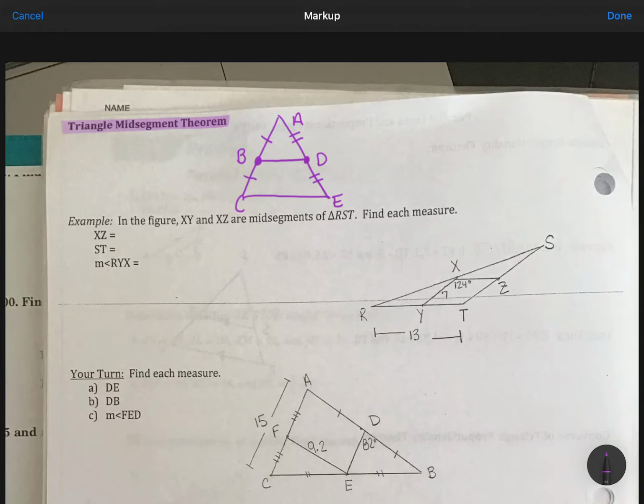All right, so this BD is a midsegment of the triangle ACE, and that's because B and D are midpoints.